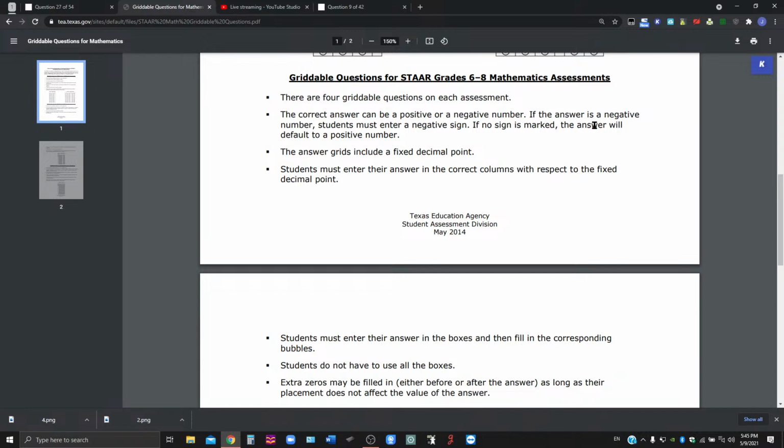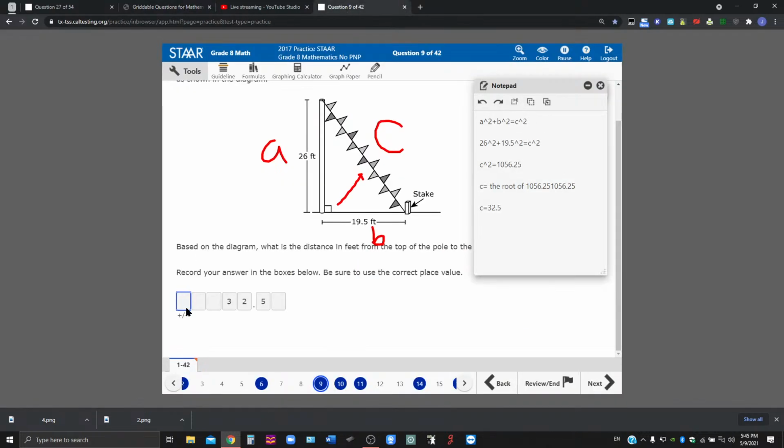If no sign is marked, the answer will default to a positive number. So if your answer is negative, you must put a negative. If you put nothing, they just by default think it's positive.